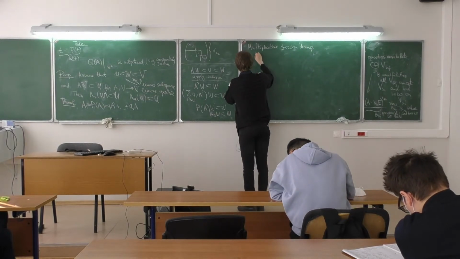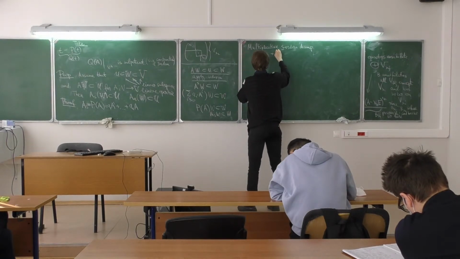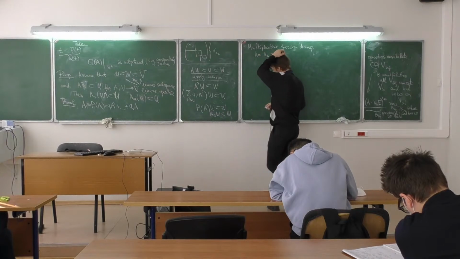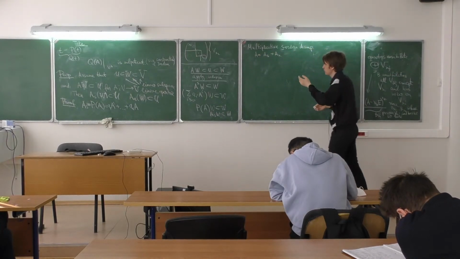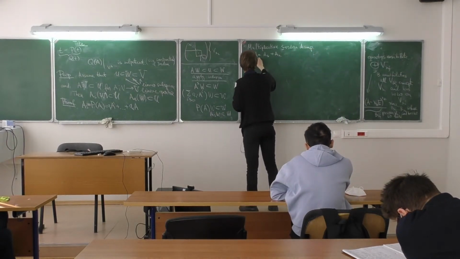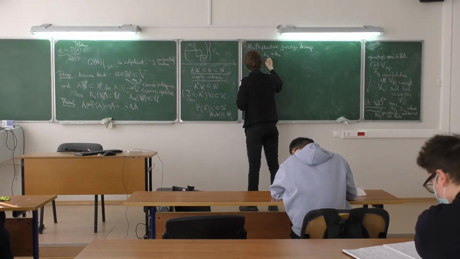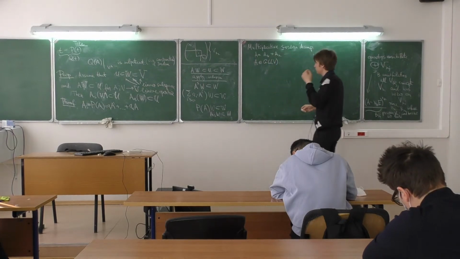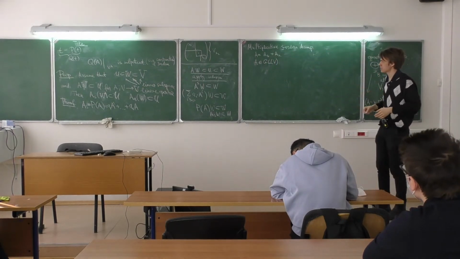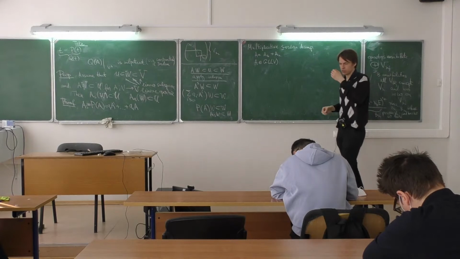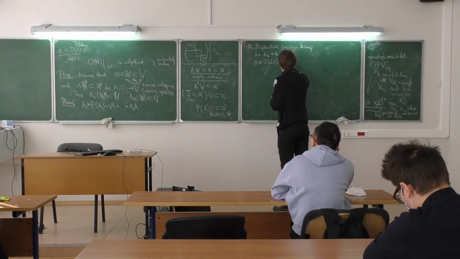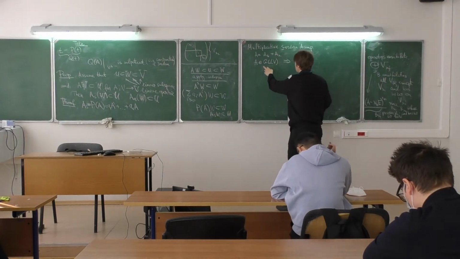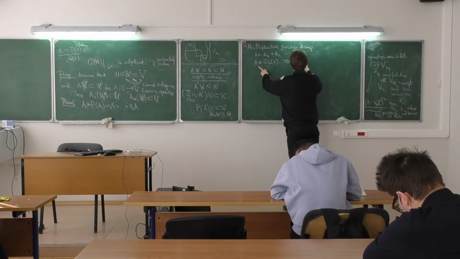So you see, we have decomposed A into AS plus AN. And notice that if A is invertible, so suppose A belongs to GLV, then you can immediately say that this implies that AS is invertible.